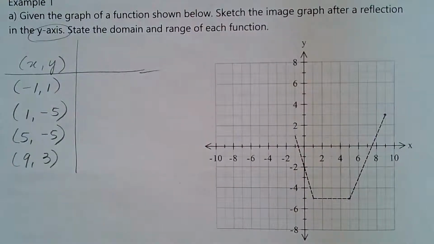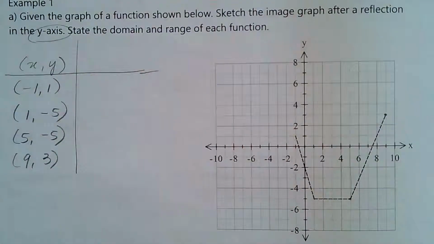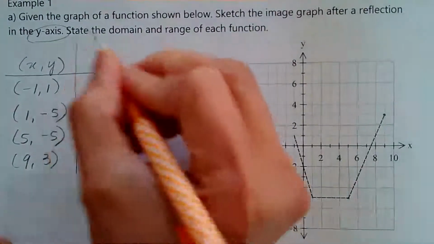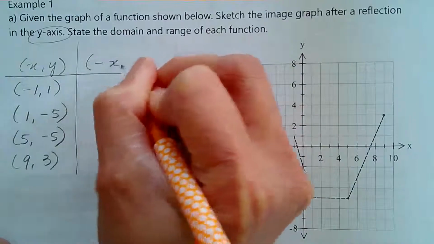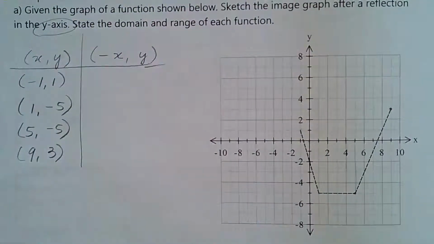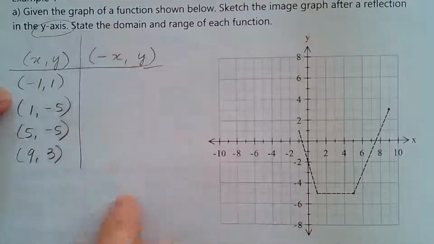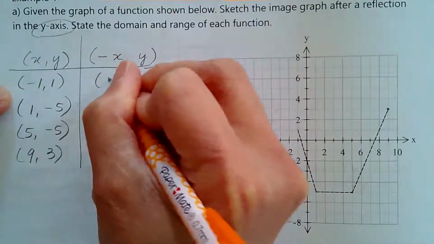Now, because this is a reflection over or in the y-axis, we're actually reflecting the x, right? So it's going to be negative x, comma, y. Okay, so let's do that. Go ahead and try that, and then I'll do the same.